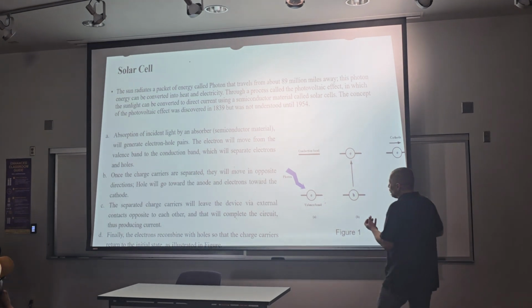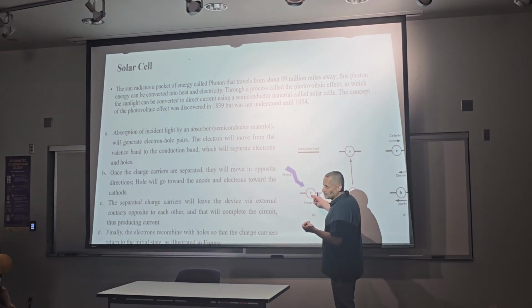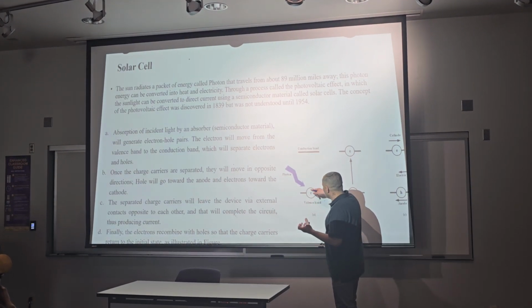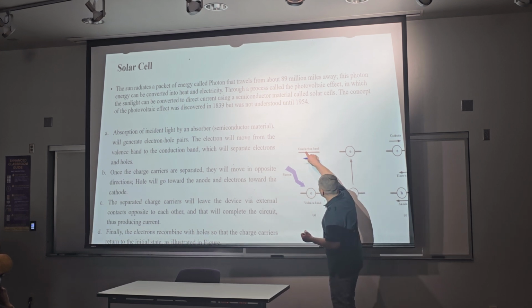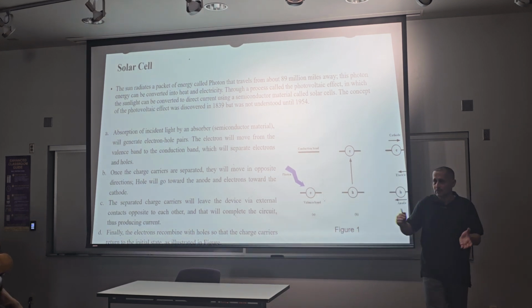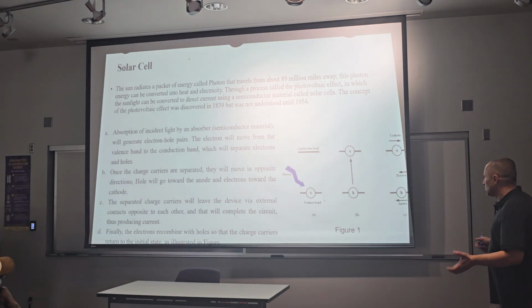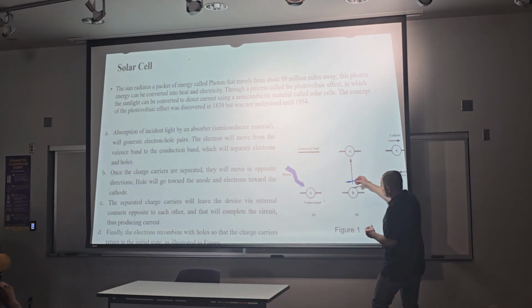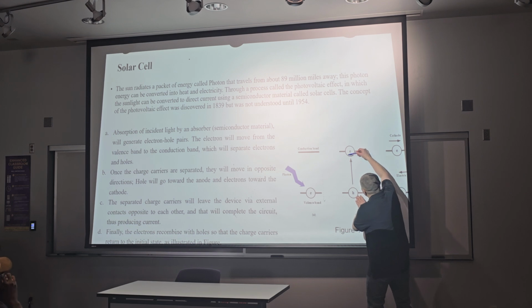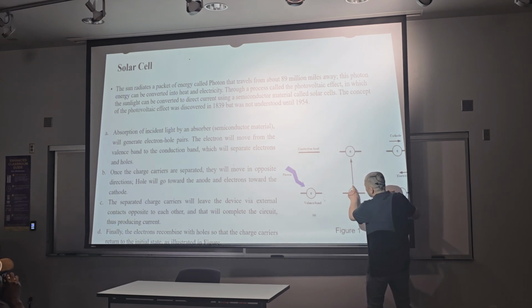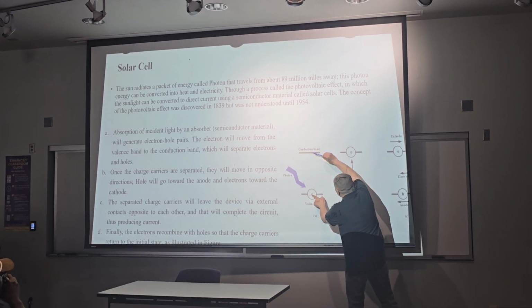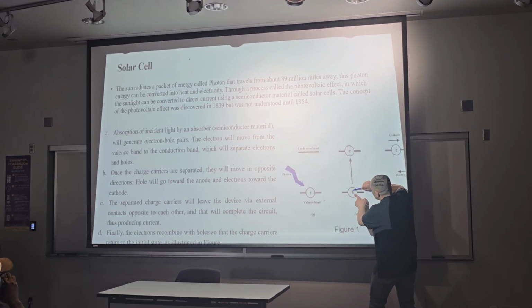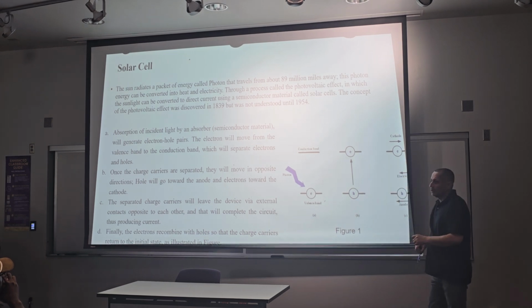The electron will be excited, then move from the valence band to the conduction band. When the electron moves to the conduction band, it leaves a hole here, a hole instead of the electron.